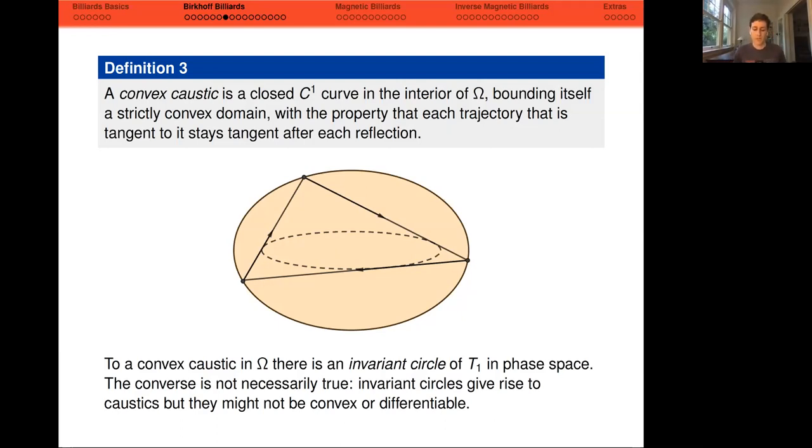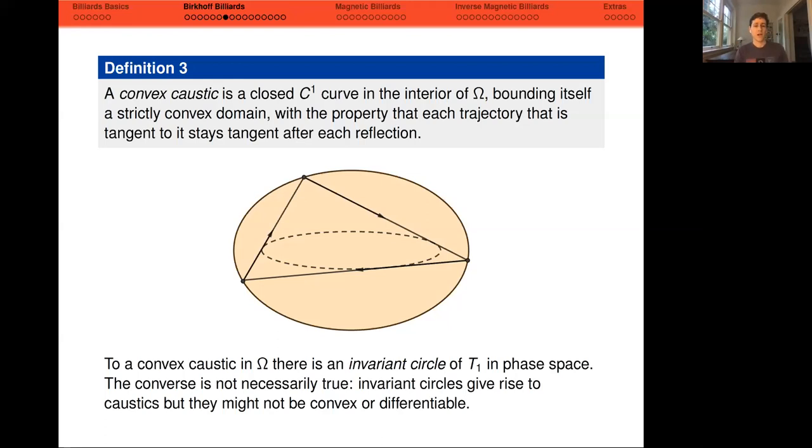There's a famous theorem of Poncelet that says that whenever a polygon is inscribed inside one conic and circumscribed about another, it also has to be part of an infinite family of polygons that are all inscribed in and circumscribed about the same two conics. So this is a branch of the work that Milena does in our department. We're not going to talk much about this idea here, but understanding these caustics is very important.